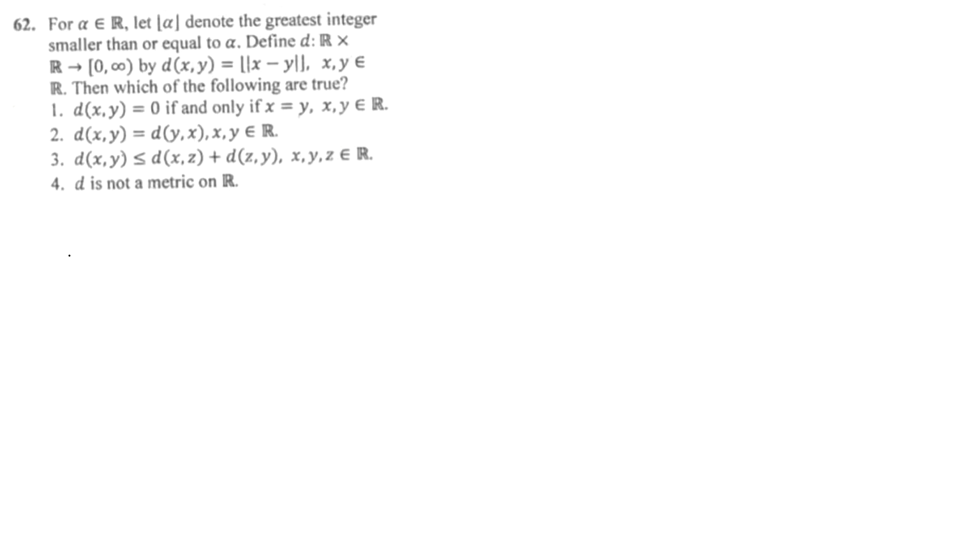Now option 3 is d of x comma y is less than or equal to d of x, z plus d of z, y, where x, y and z belong to R. First of all let us try to find a counterexample.